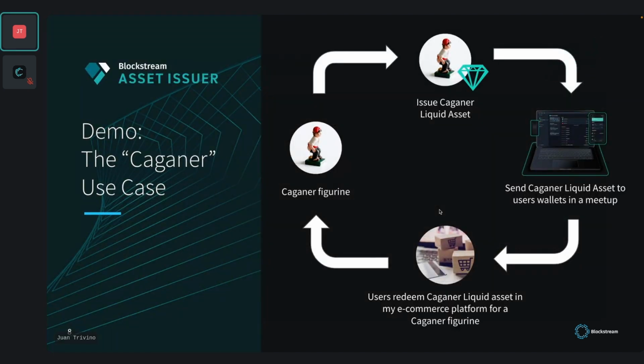I'm going to present the sample use case that I'll use to demo the tool. This use case is called the Cagané. I don't know if you've heard about the Cagané, but it's a tradition in Catalonia in Spain.